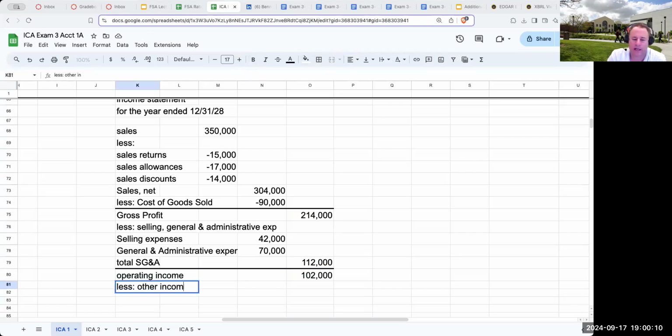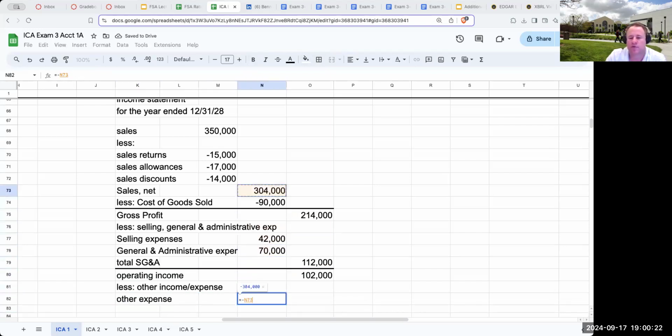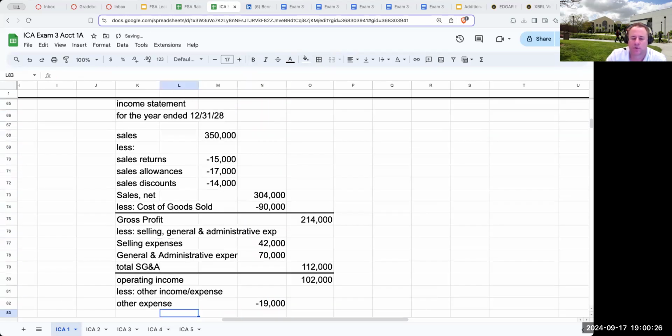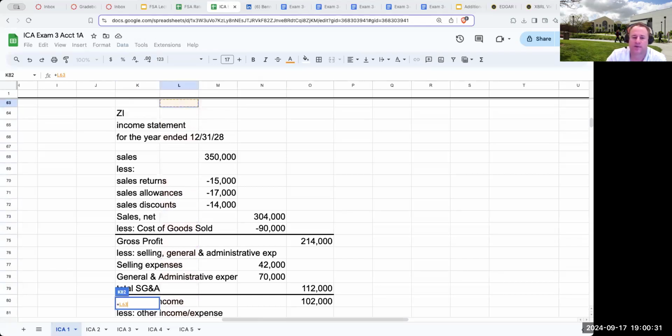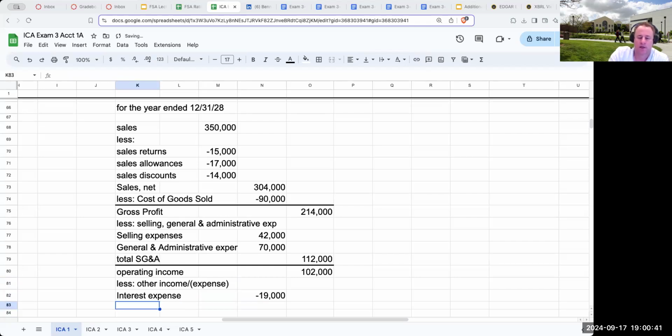Less other income slash expense. So coming over here, I have other expense, my interest expense, which was 19,000. So I'll just call this over here interest expense. And we'll say this right over here so we know it's going to be subtracted. And then we have interest income.